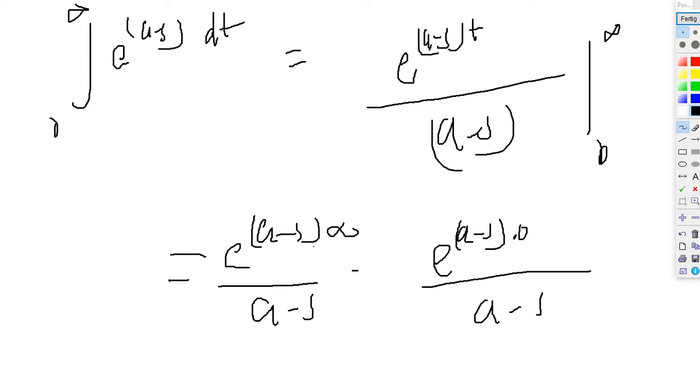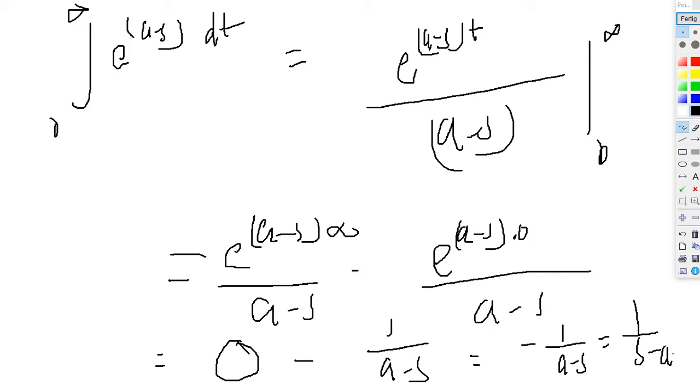And e to the power of something times infinity, with s greater than a, is 0, since 1 by infinity is 0. So the first term is 0, and the second term gives minus 1 by a minus s, which we can write as 1 by s minus a. This is the final relation we get here.